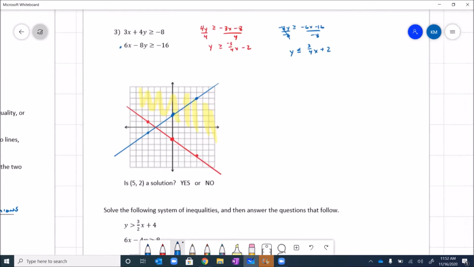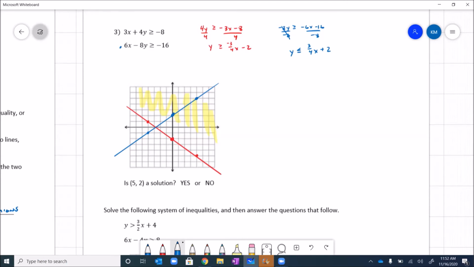All right, and then this should be shaded below. Okay, so below our solid line, above this red line, it looks like we have our solution set in this large area here. Below the blue, above the red, everything in this triangle.